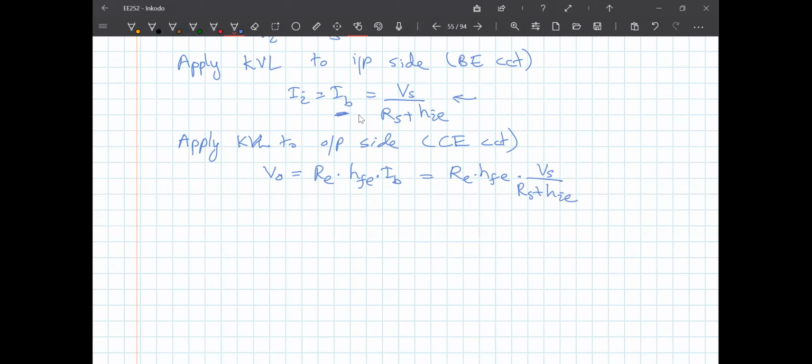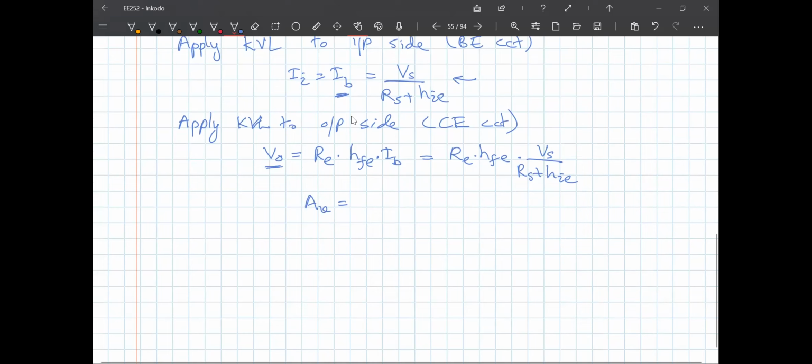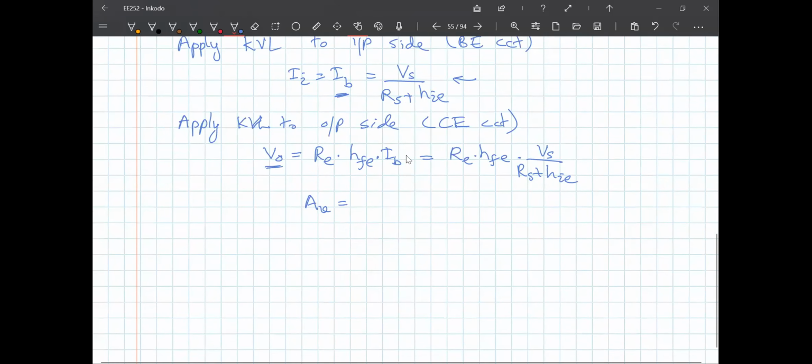Therefore AV is equal to V out over V in, which is Vs. So that becomes Re HFE divided by Rs plus Hie.